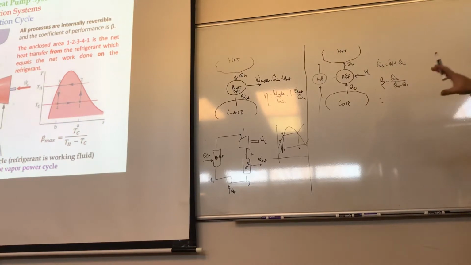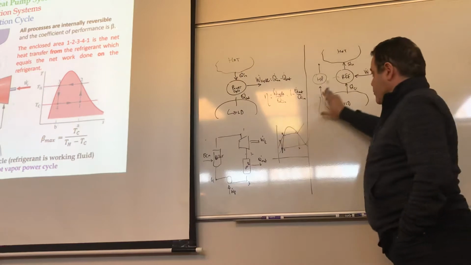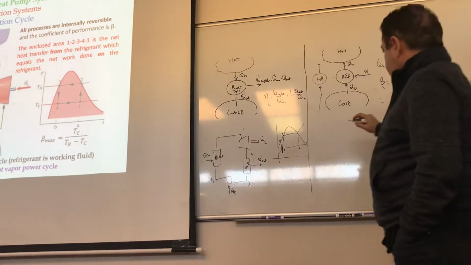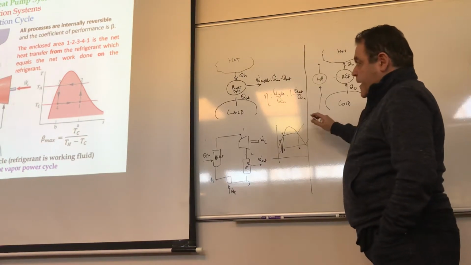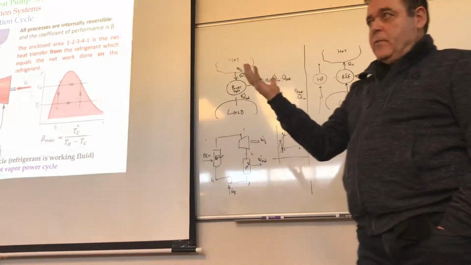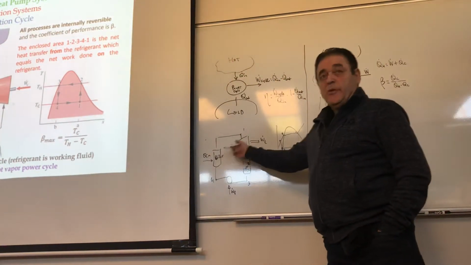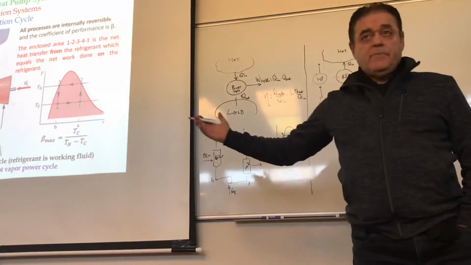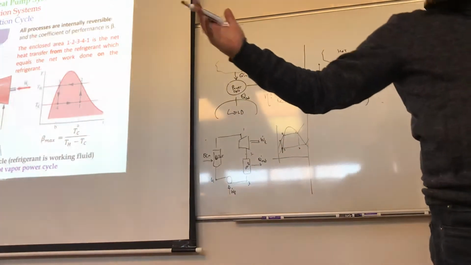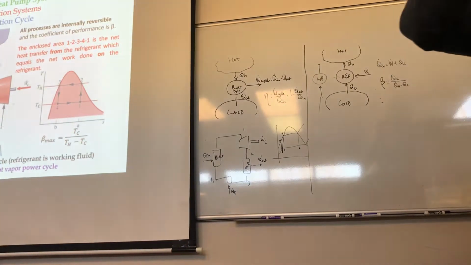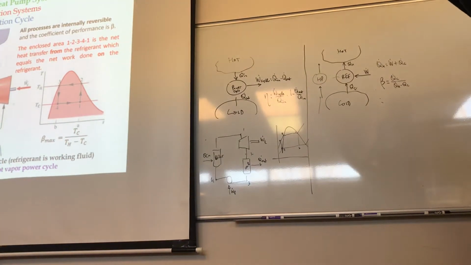In this particular case, we want to mimic this and try to figure out what our cycle is going to look like. So first of all, we say, hey, as a working fluid here, we have water. Here we're going to have a refrigerant, okay? So the common thing between those is that you are operating between 2 temperatures and 2 pressures.